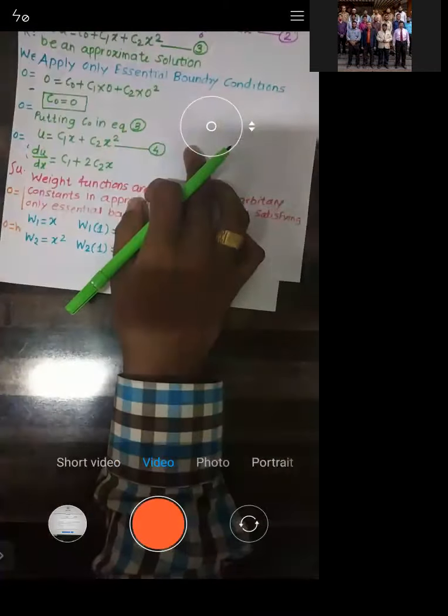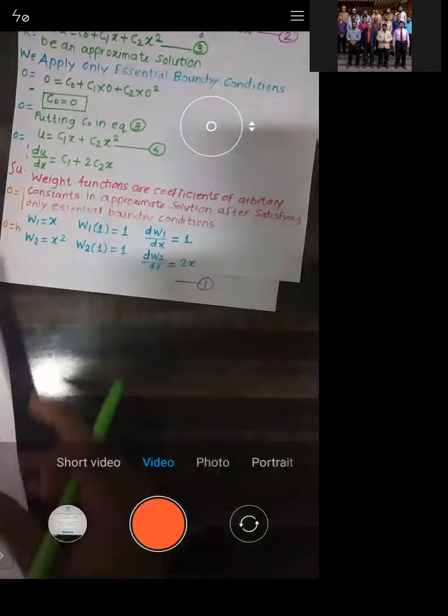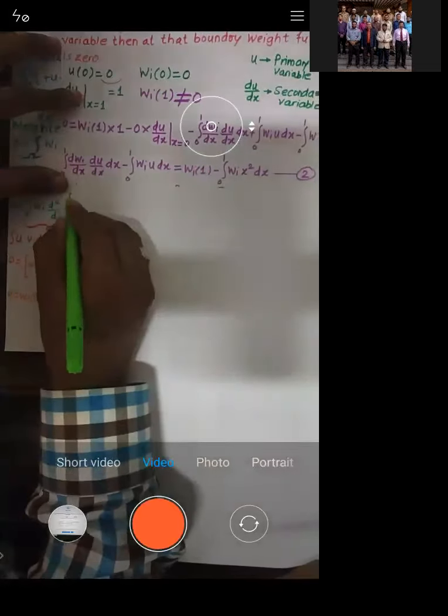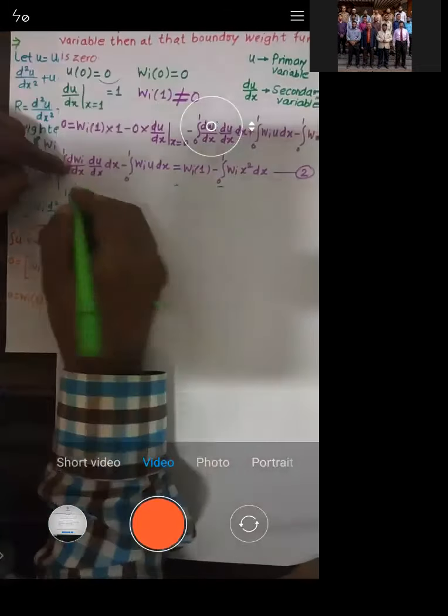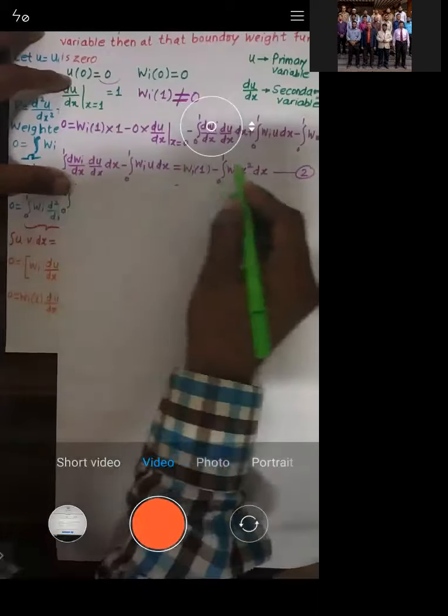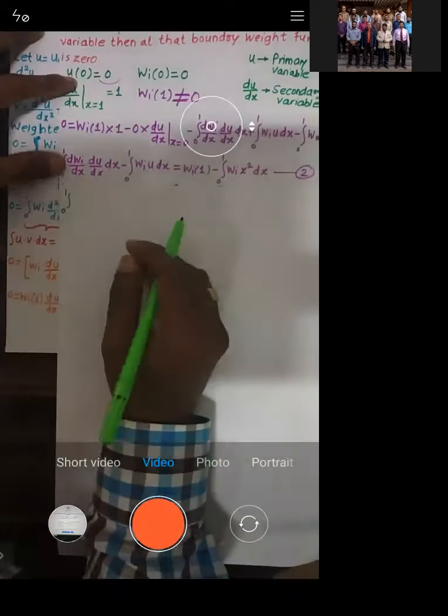First I will write down equation number 2 as it is. Integration 0 to 1. Now, instead of writing Wi, I will write it as 1. Initially I will write considering the first weight function, then I will write considering the second weight function.